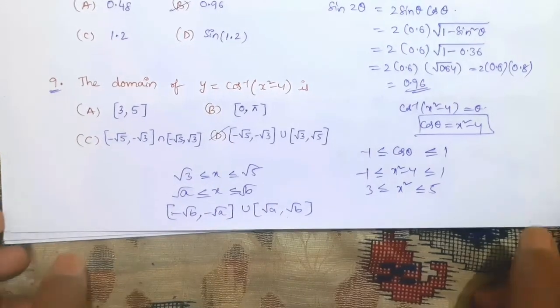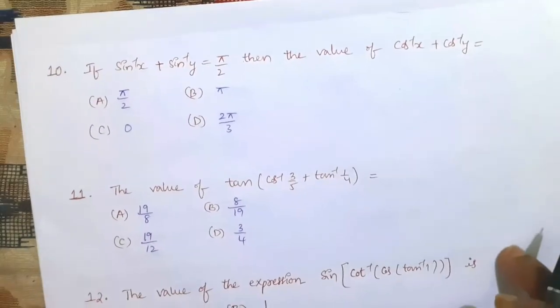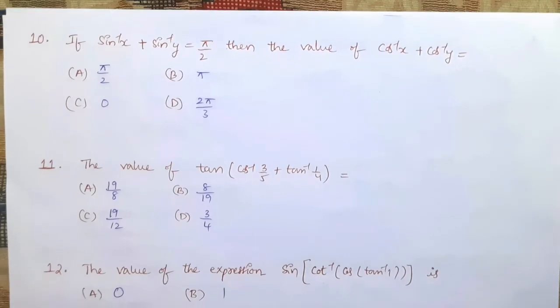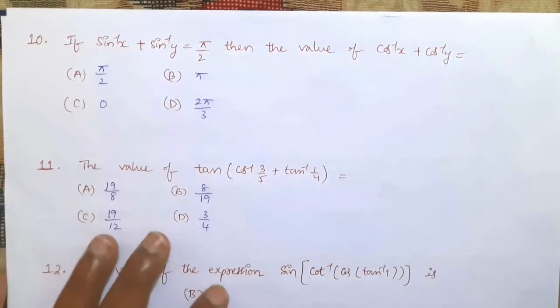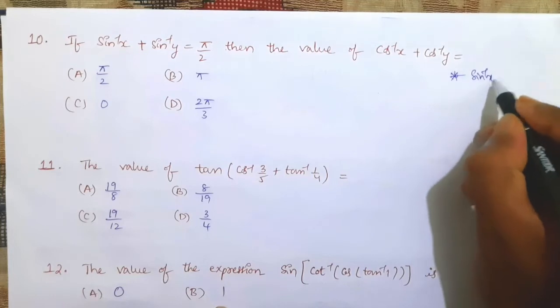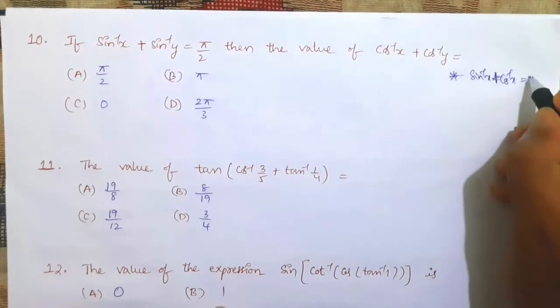Now, next, question number 10. If sin inverse x plus sin inverse y is equal to pi by 2, then the value of cos inverse x plus cos inverse y. This is an easy problem. The trick here is sin inverse x plus cos inverse x is equal to pi by 2.